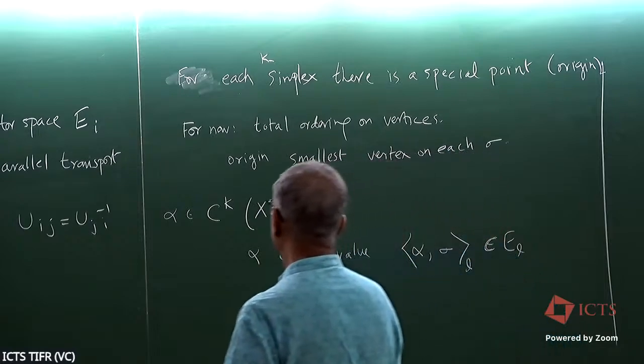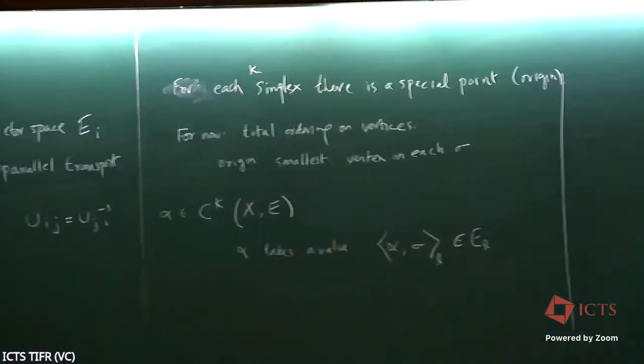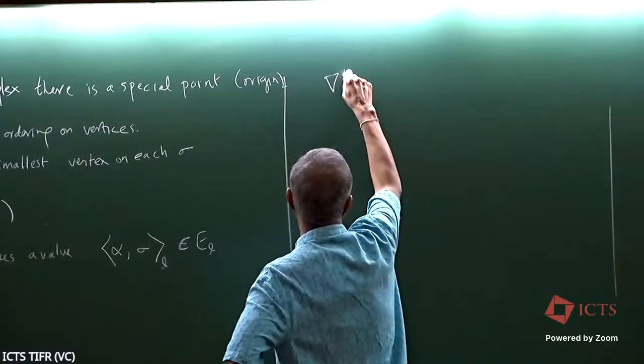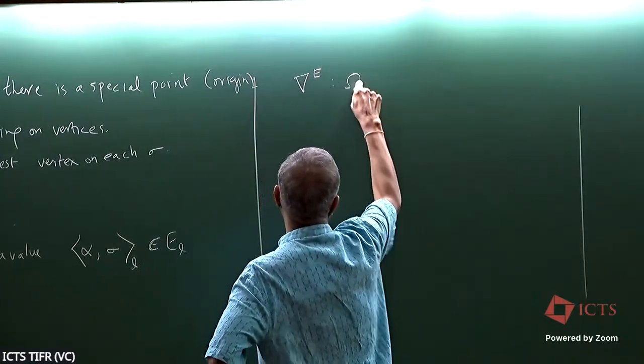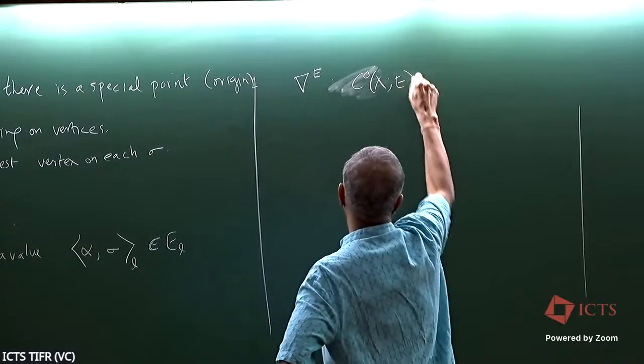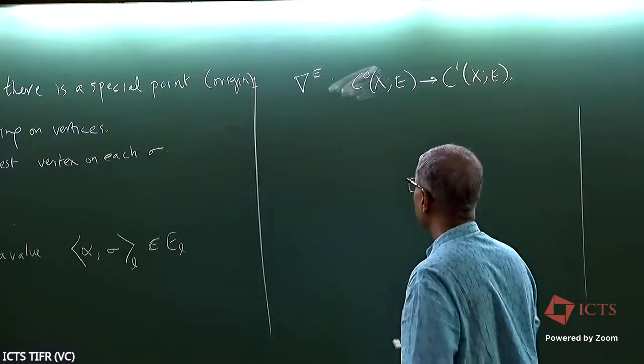So let's see what the covariant derivative is. We would like this to map 0-cochains to 1-cochains.